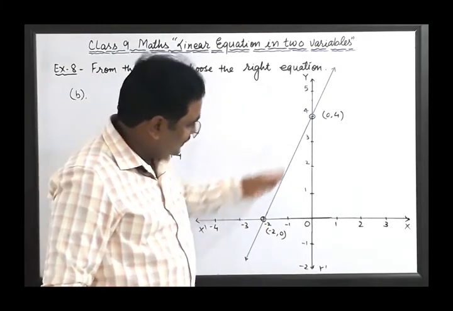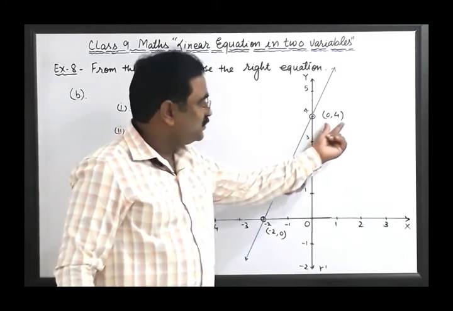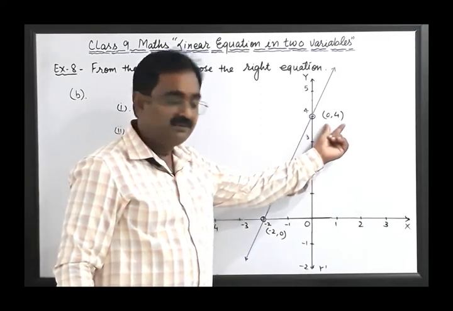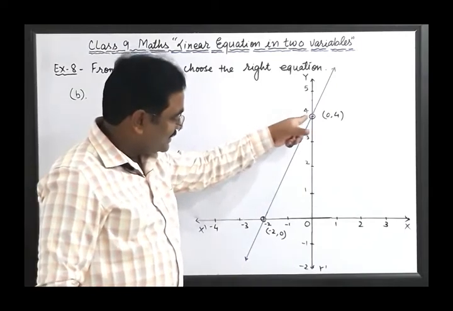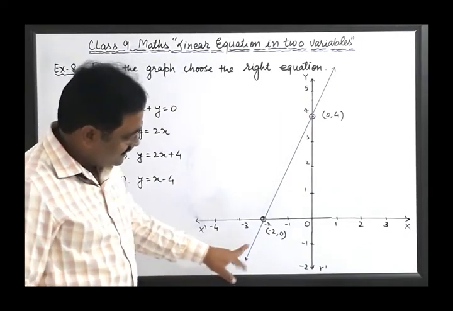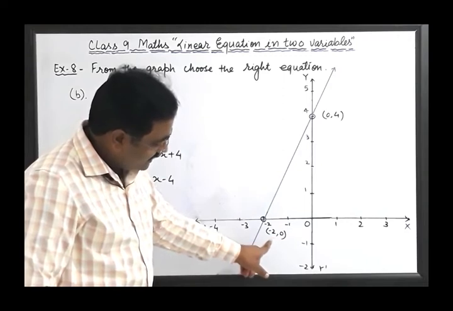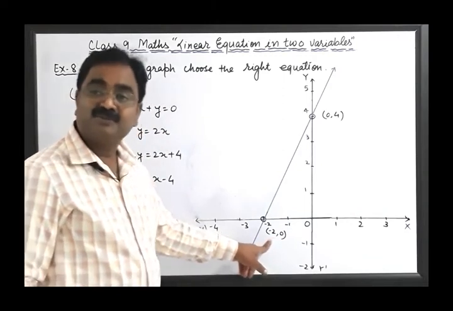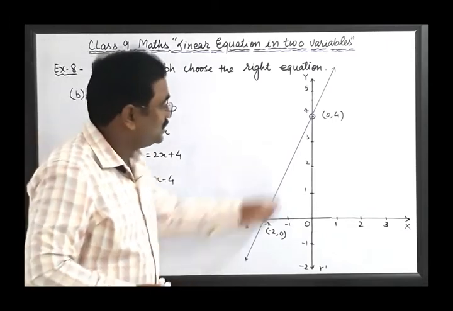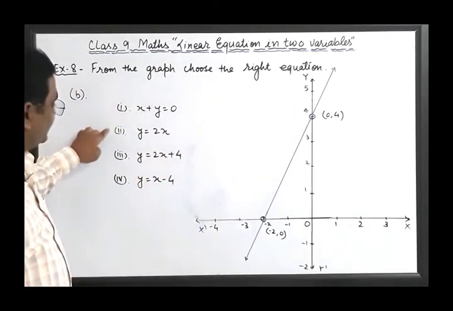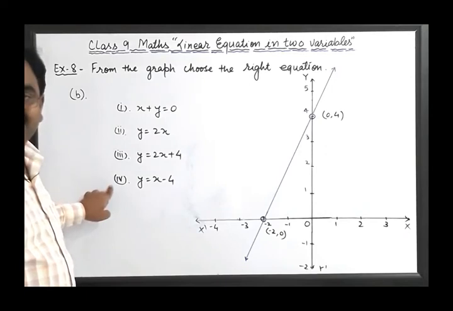This line passes through the point 0, 4, means x is equals to 0 and y is equals to 4, lies on the y-axis, and on the x-axis it is x is equals to -2 and y is equals to 0. So the question is, for this line which is the correct equation, right?